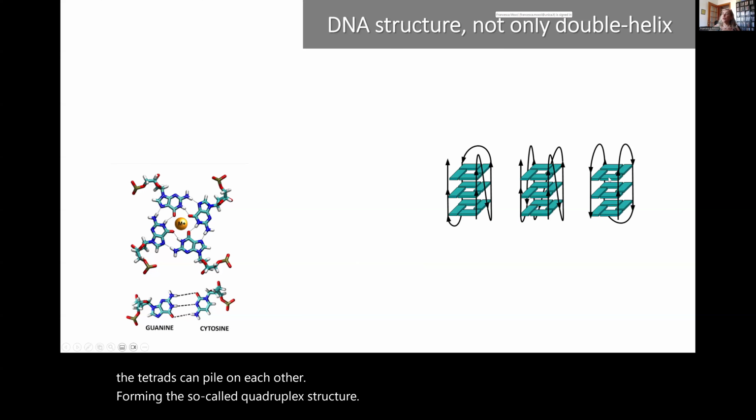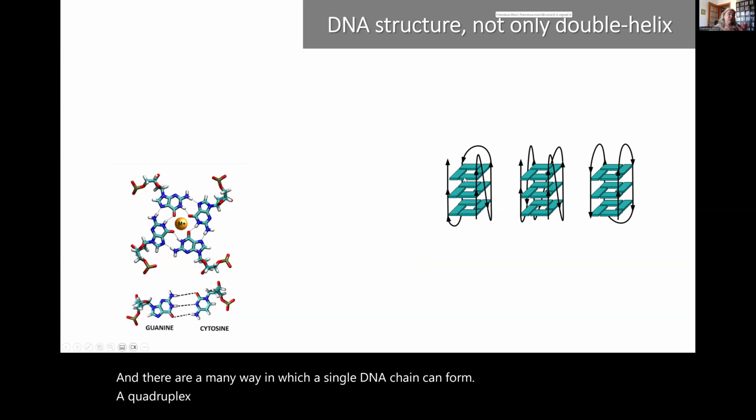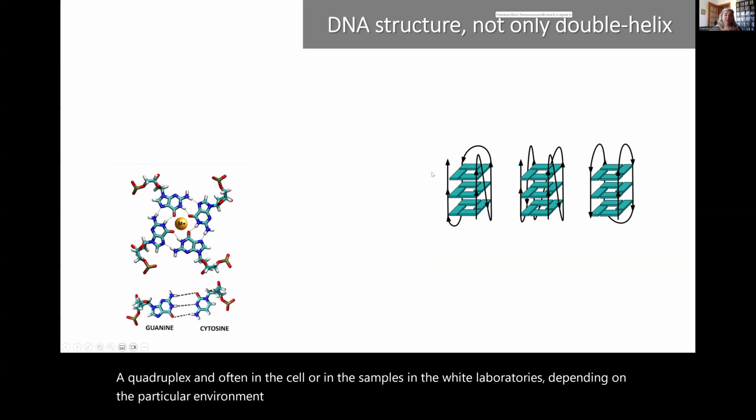And there are many ways in which a single DNA chain can form a quadruplex, and often in the cell or in the samples in the wet laboratories, depending on the particular environment in which the chain is found, high concentration of ionic species, type of ionic species, it folds in a different way.